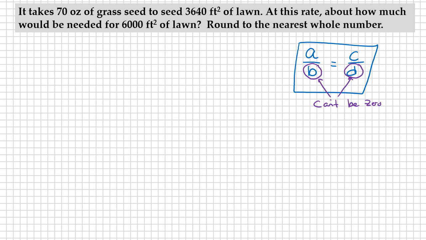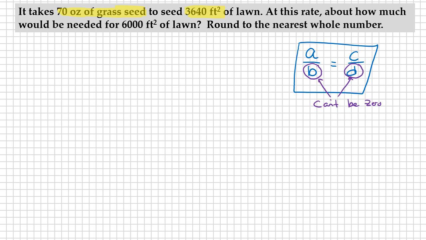In this first one, it takes 70 ounces of grass seed to seed 3,640 square feet of lawn. Let me just focus in on that one statement: 70 ounces of grass seed to do 3,640 square feet of lawn.